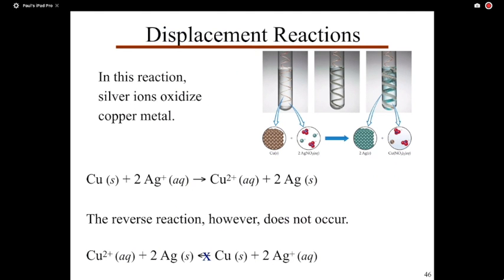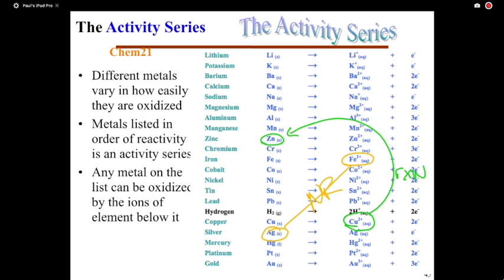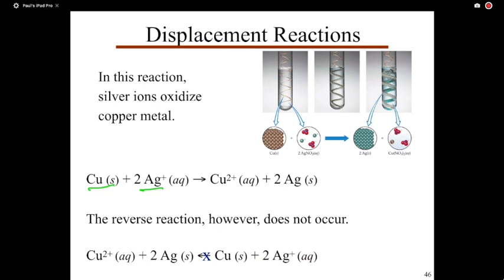And so if you take a look at this, copper and silver, silver plus, I'm going to go back to that. We said we have silver plus and we have copper. Will silver plus take away copper's electrons? Silver plus is below copper. What's really going to happen is there is a piece of copper metal.